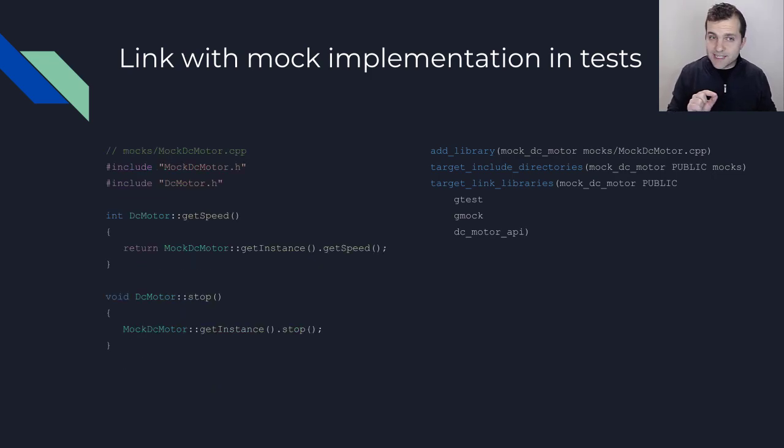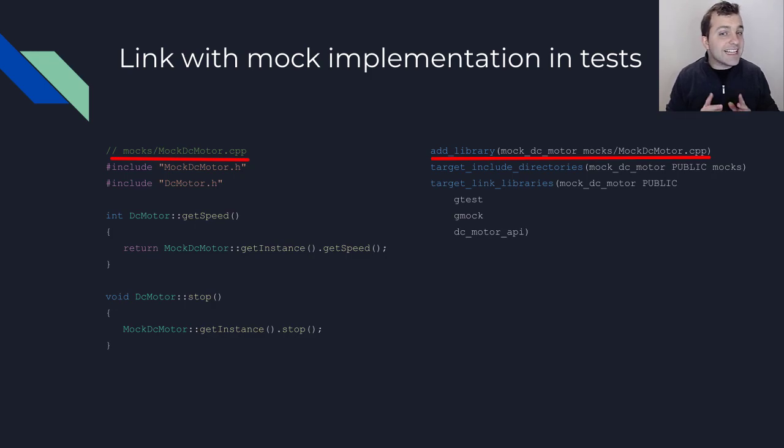This is where the magic happens, the mock implementation of the DC motor dependency, which we link against when we build our tests. Please note, the mock DC motor class you saw before is not the mock implementation. The infamous mock implementation resides in mock-dcmotor.cpp and uses the mock DC motor class.